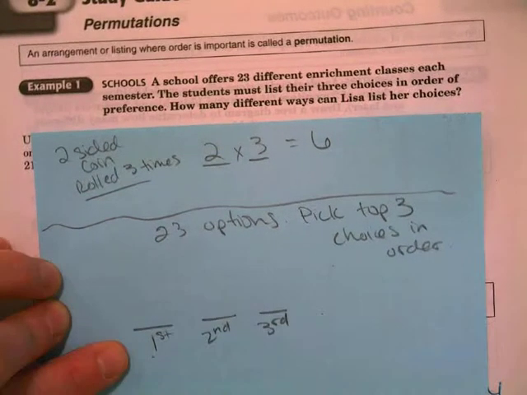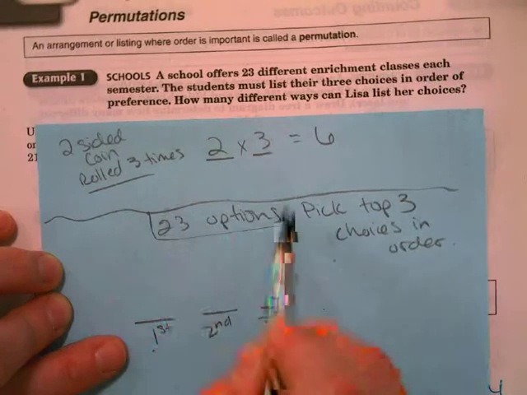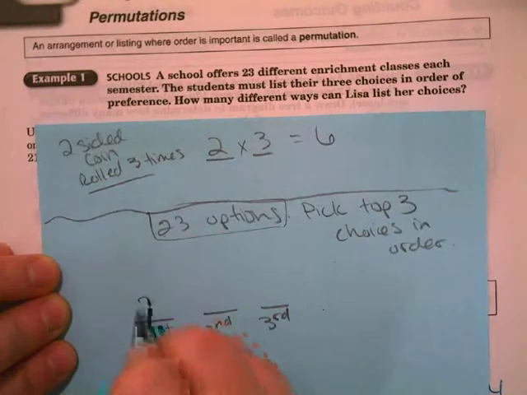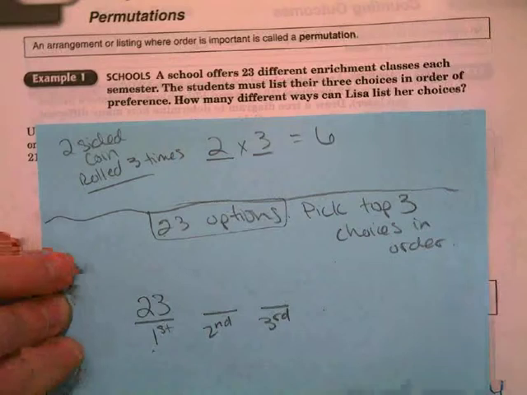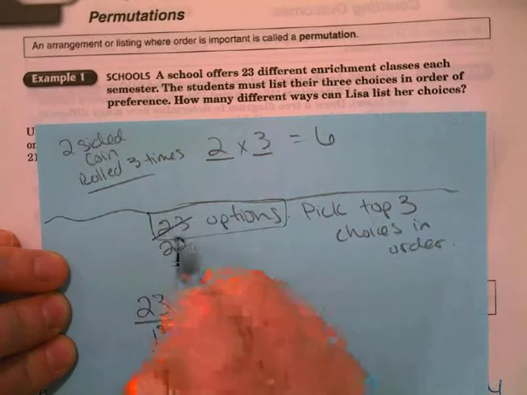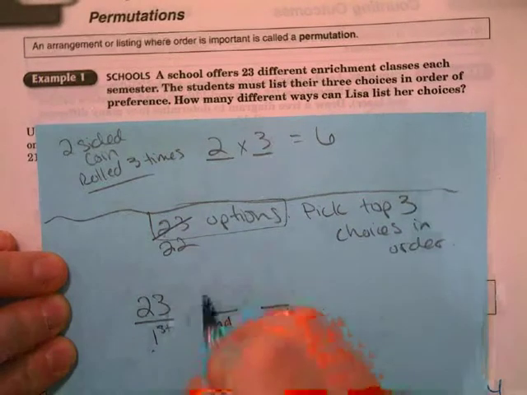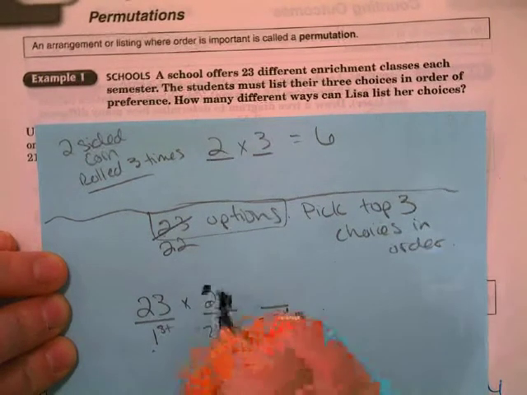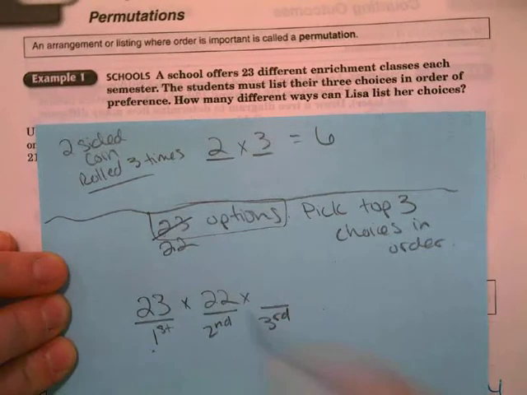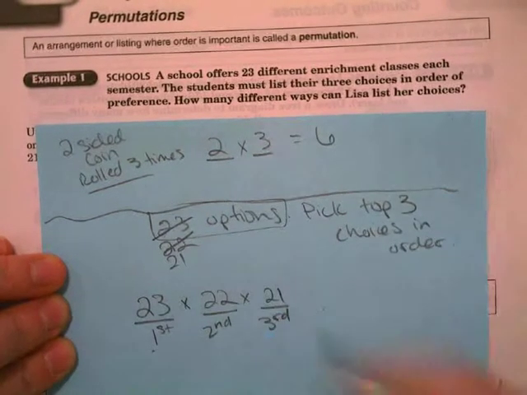How many options do you have for your first choice? Right, 23. Well, now that I've made my first choice, I've closed one of those doors. I have one less option, 22, for my second choice. My third choice, I only have 21 options now.